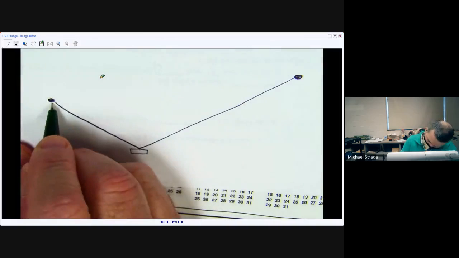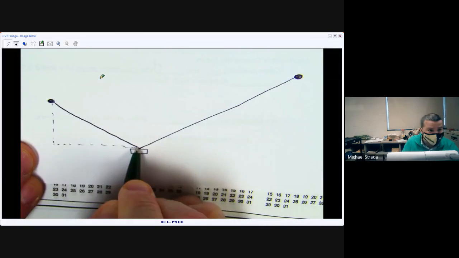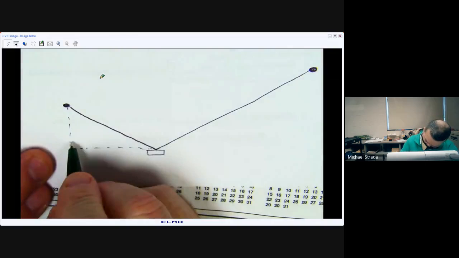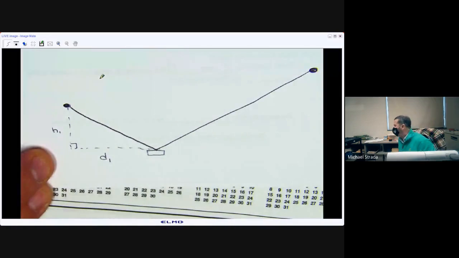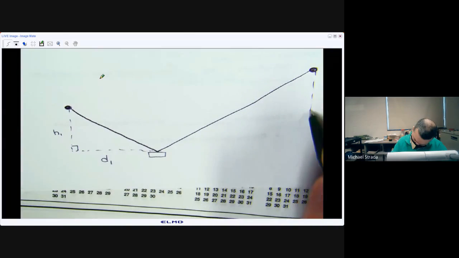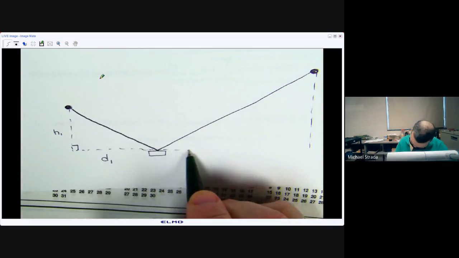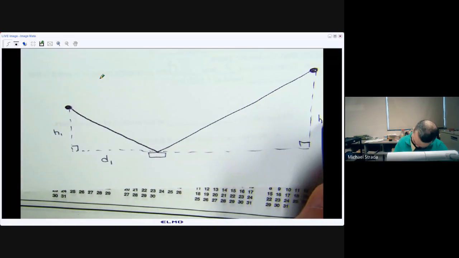That's the person's height. That's the distance they are away. So I'm going to call it H1. I'm going to call this D1. Now I'm going to come over here. That's going to be H2.